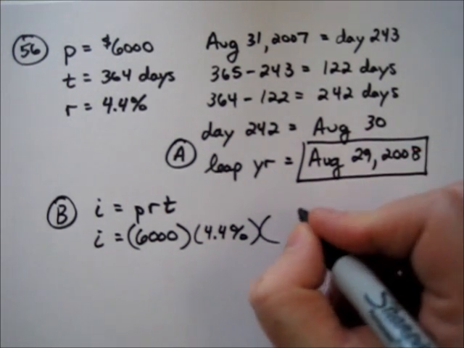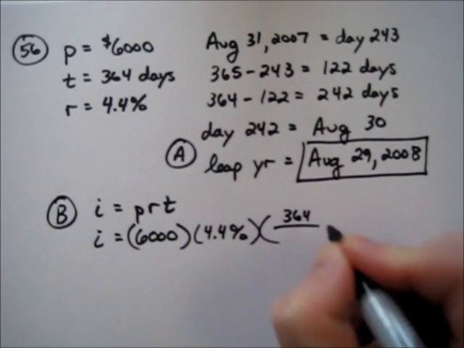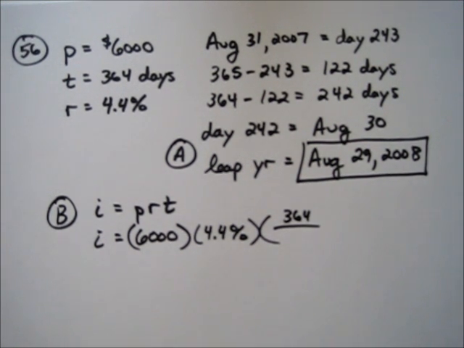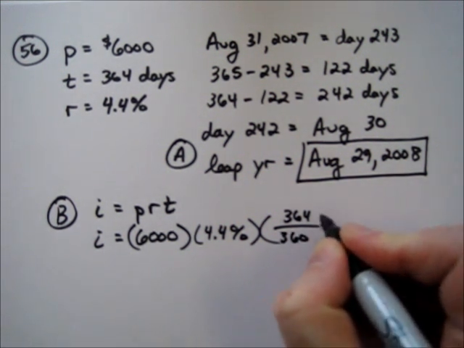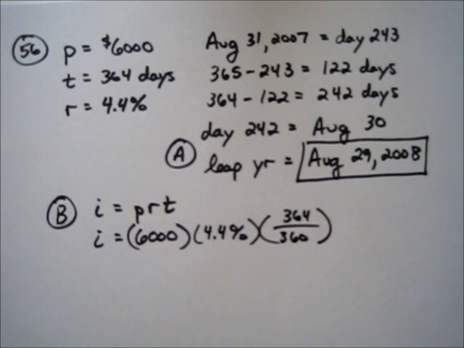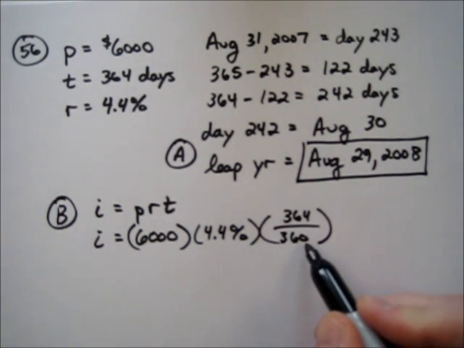This is where the use of the banker's rule comes into play. Anytime you're using the simple interest formula, the days you treat as a portion of a year that has 360 days. So yes, I know that a real year has 365 days in it, but when using a simple interest formula, you apply the banker's rule and your denominator becomes 360, not 365.